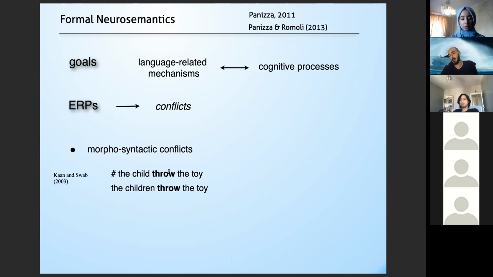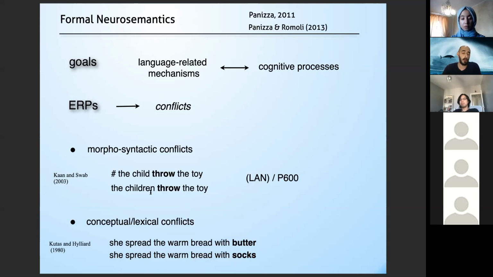This is a plural marking, and this is a singular subject. So if you do this, you might remember from the last time, you get possibly a left anterior negativity, followed by very, very probably a P600, index of syntactic anomaly.